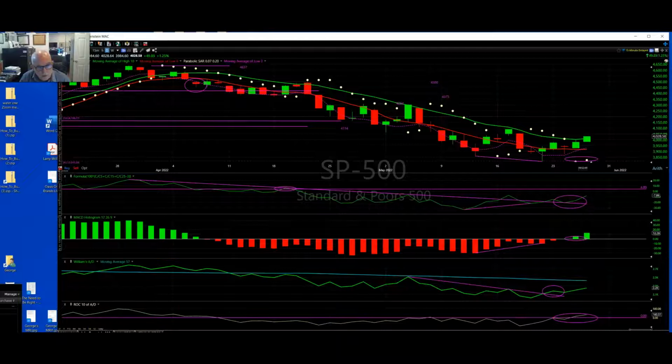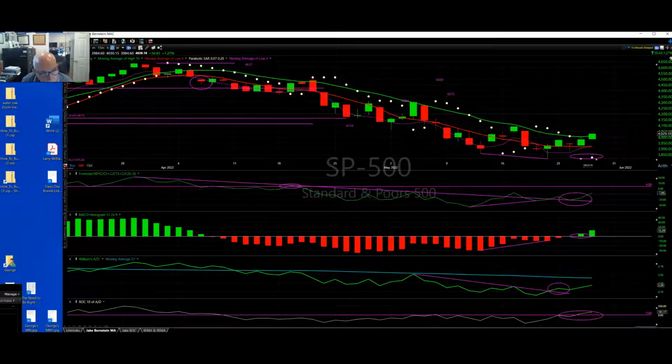Whoops, let's see, how can I get this? I need to click on this. Well, let me see if I could get Ichimoku. No, I want to move this chart up. Just bear with me for a minute, okay? I can't get it up. Oh yeah, here it is.